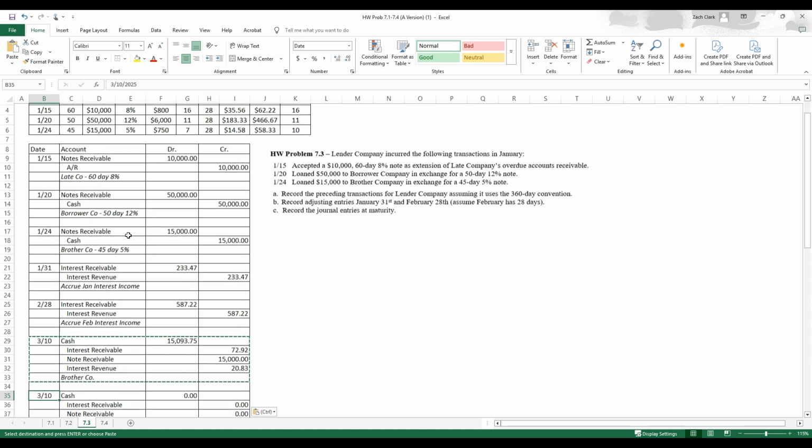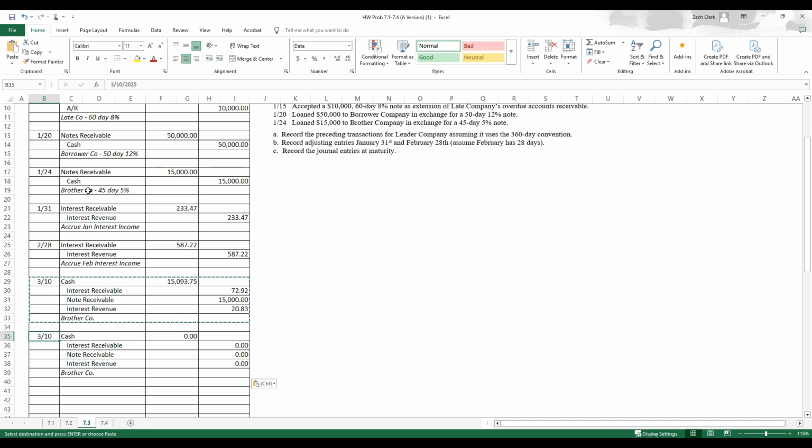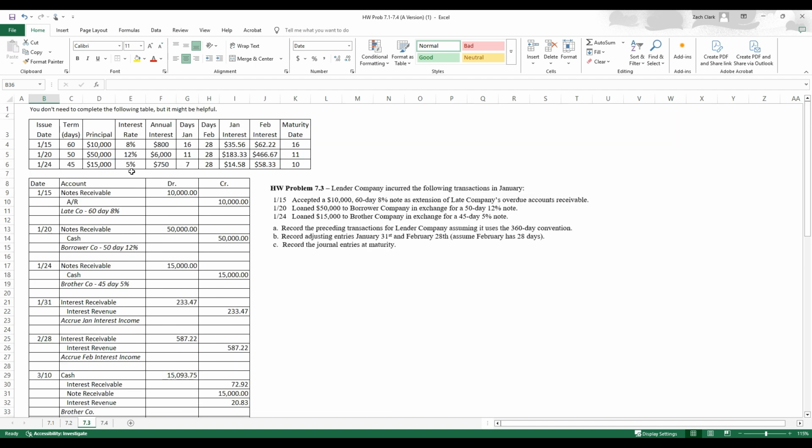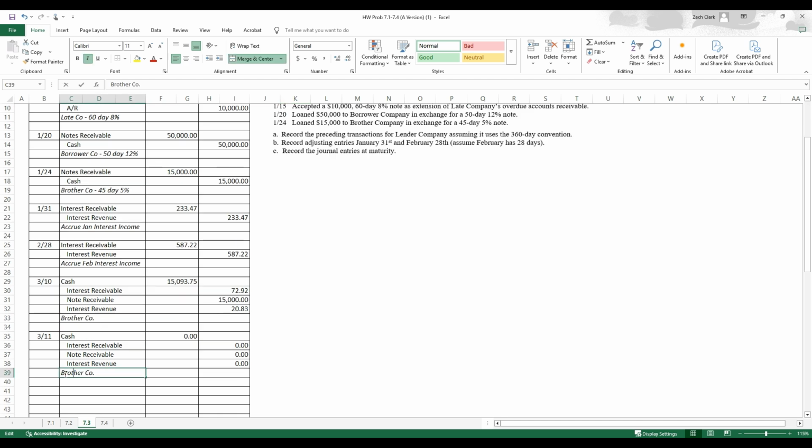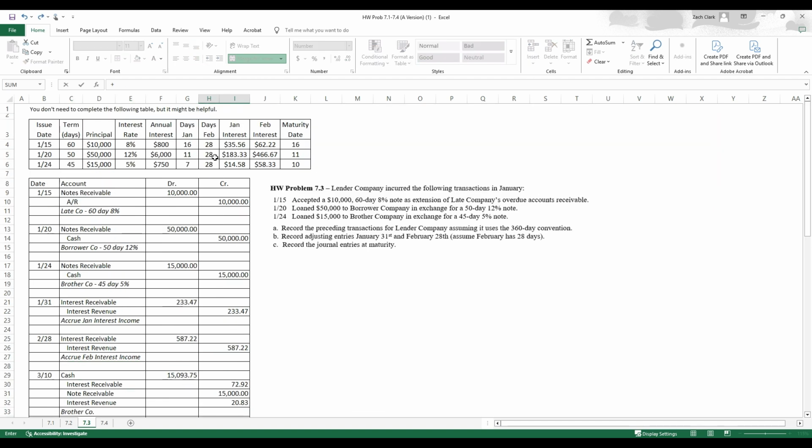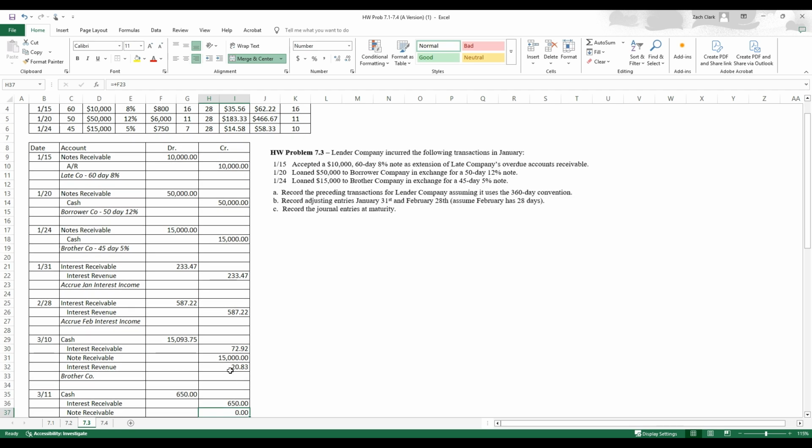Okay, and then let's copy and use the same kind of overall format for the next receipt, and that will be Borrower Company. Here is the second one, paid back on the 11th. And our interest receivable portion will be, again, these two pieces here, January and February.